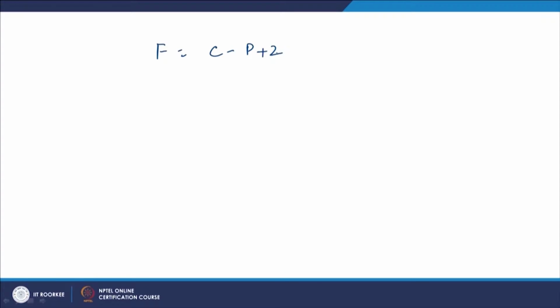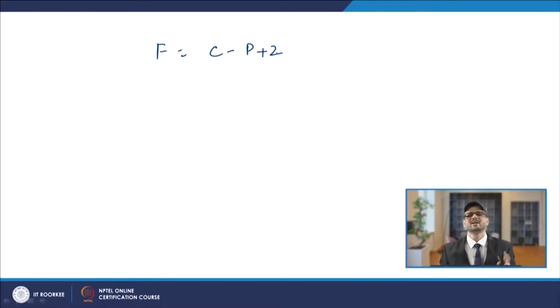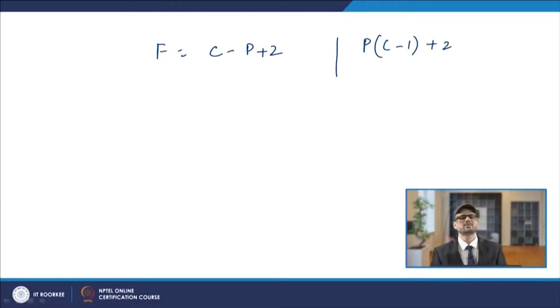According to Gibbs rule, f is C minus p plus 2, and here you get f as p into C minus 1 plus 2. So this degree of freedom cannot be more than the total number of variables.